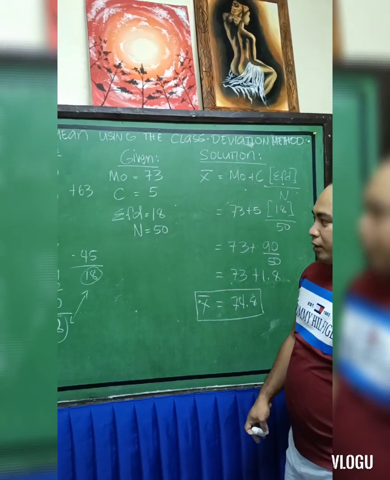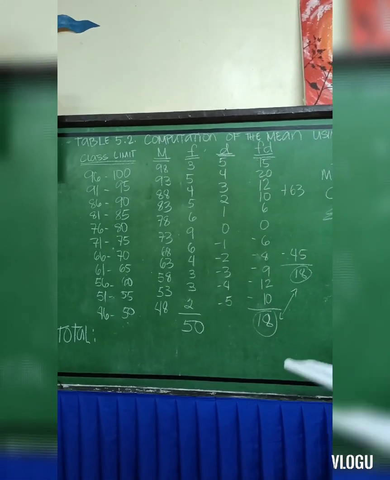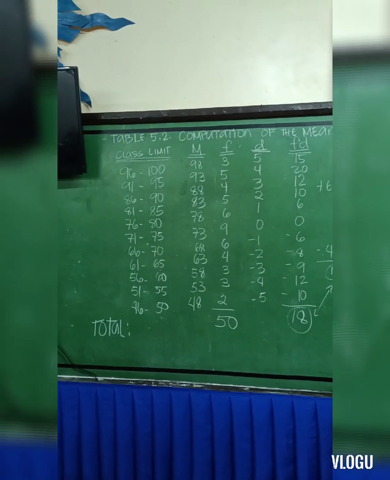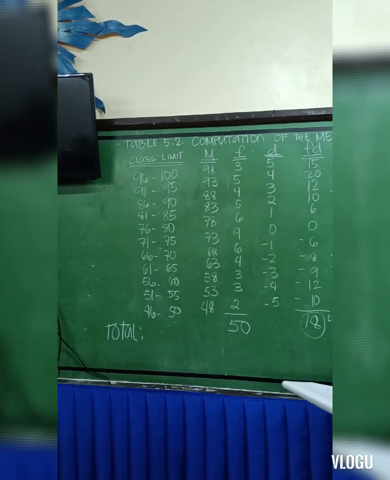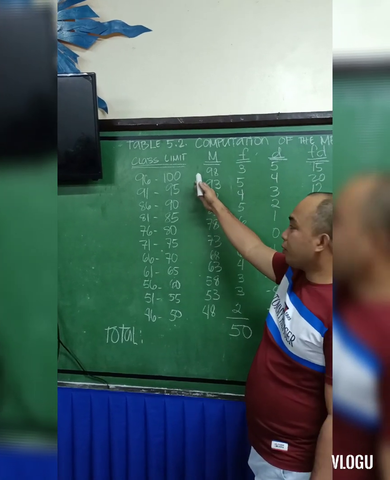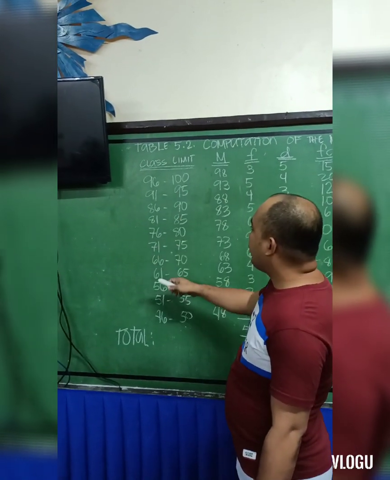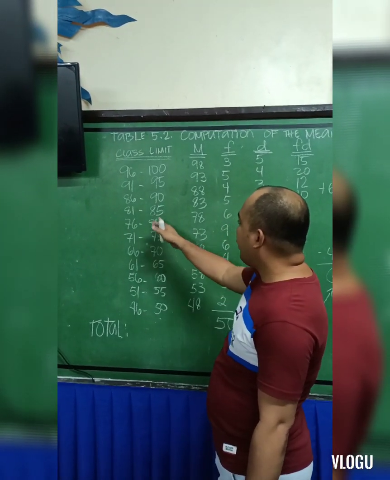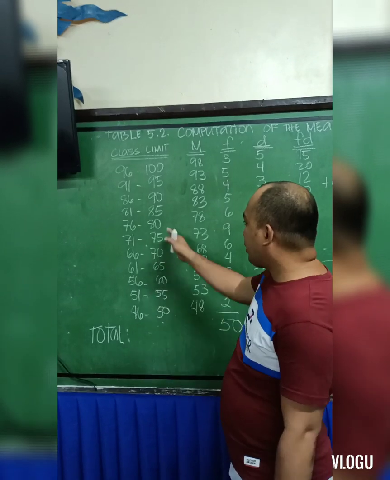Okay, same class limits from our first example in the midpoint method. We have the class limits arranged from highest to lowest: 96 to 100, 91 to 95, 86 to 90, 81 to 85, 76 to 80, and so on and so forth.